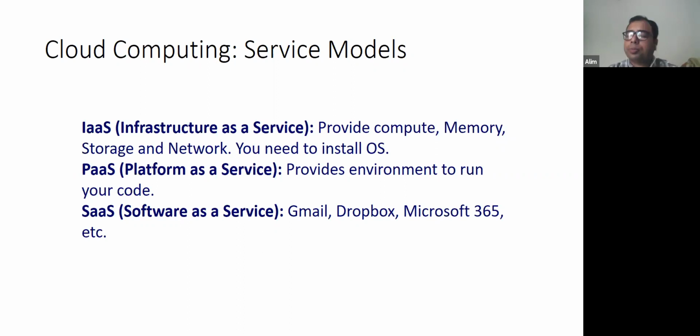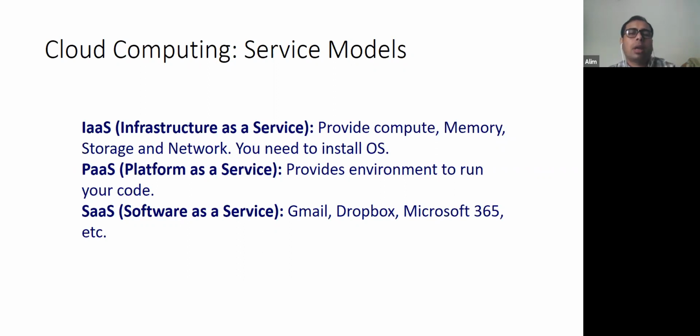But what are the benefits or drawbacks of each model? For IaaS, the main benefit is that you have more control over your server. You can install your own operating system, customize it as per your requirement, and configure security features.